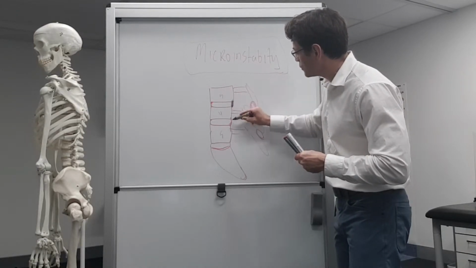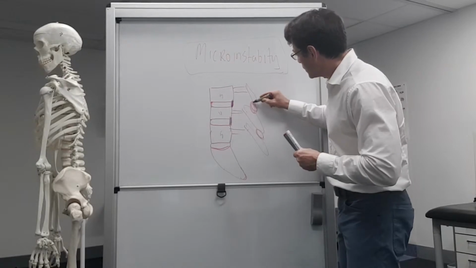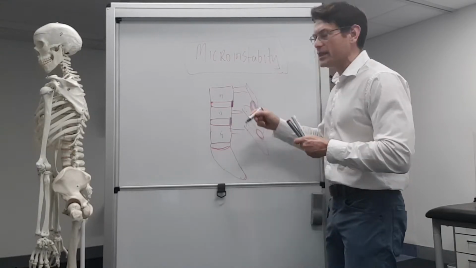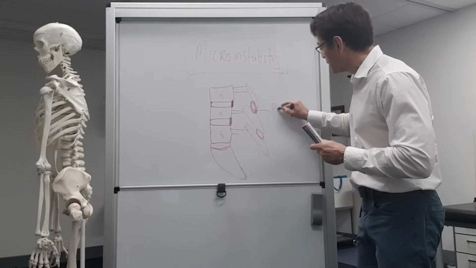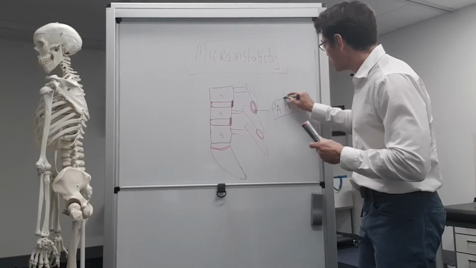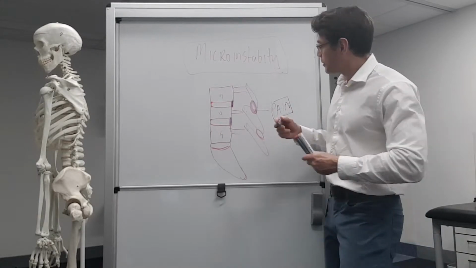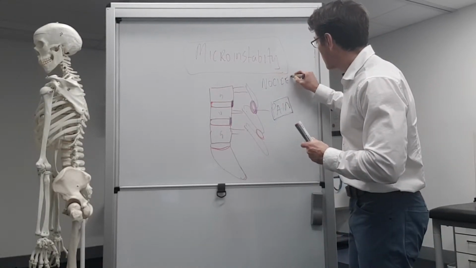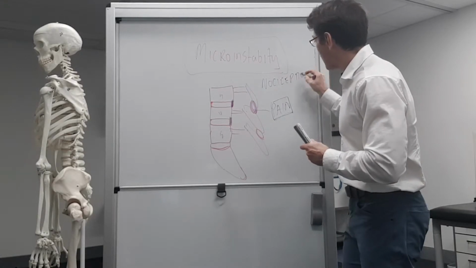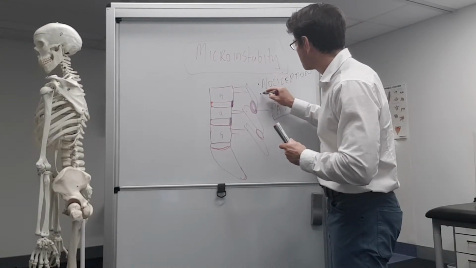Okay, we have lots of nerve receptors in these structures, and if they get injured, they will deliver pain, and we've talked about this in previous lectures, through the processes of nociception and inflammation.